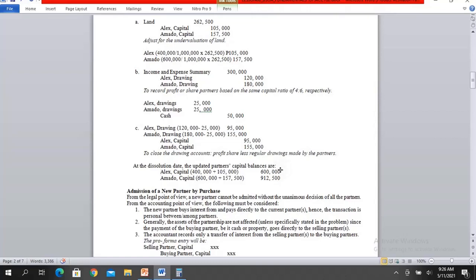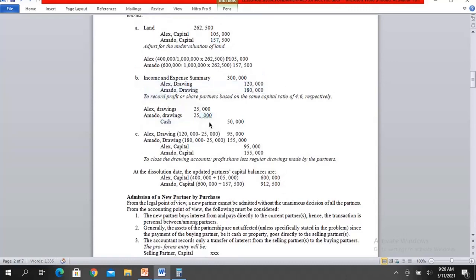600,000. Ayan. Kay Amado naman, meron siyang 600,000 na capital account as of December 31, 2019 plus 157,500 na hati niya sa revaluation ng asset. So, magiging 912,500. So, bakit hindi natin pinansin itong B and C na transaction?